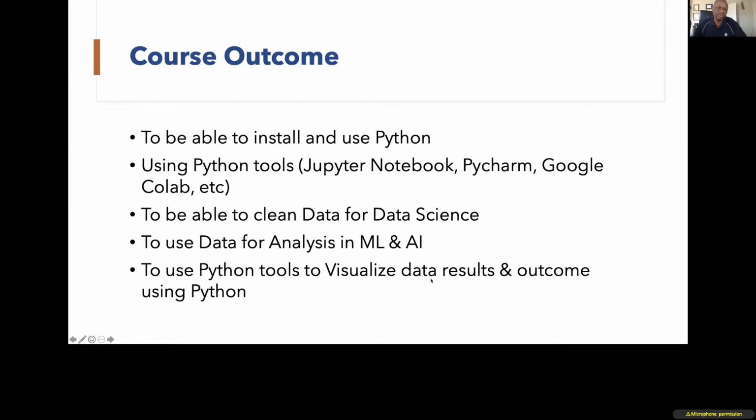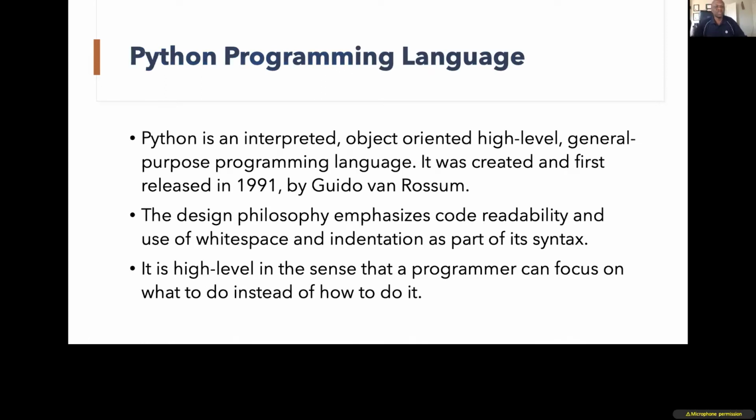Okay, so then, of course, we go through the visualization tools and what we will be getting from those. Now, Python is not a very old language, but it first came into the market and has been around since 1991. It's an interpreted, object-oriented, high-level, general-purpose programming language.